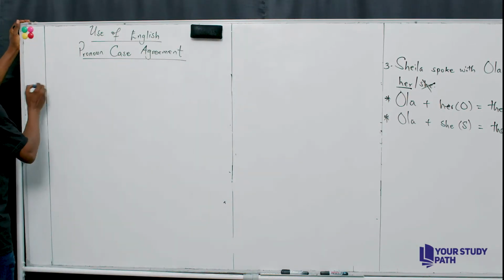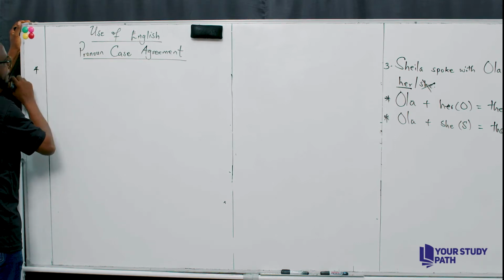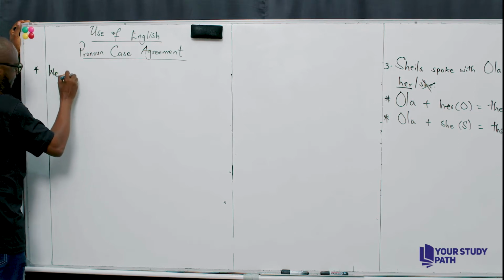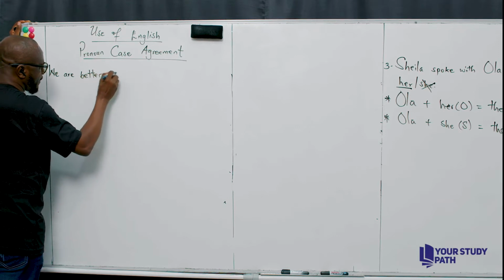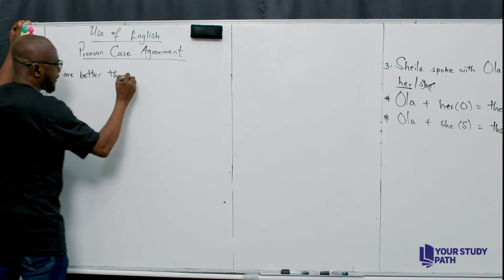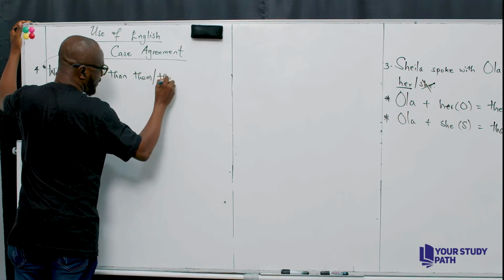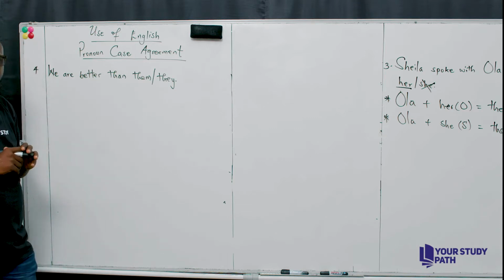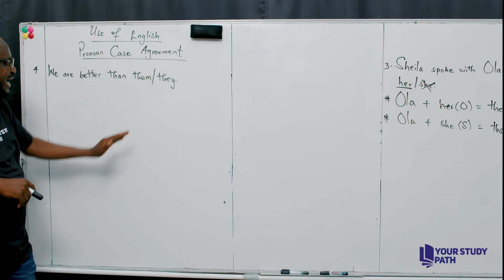Now we number tag these as number 4. And look at this. Now we have, we are better than them / they.